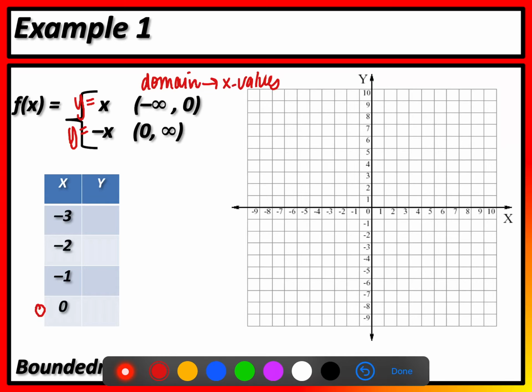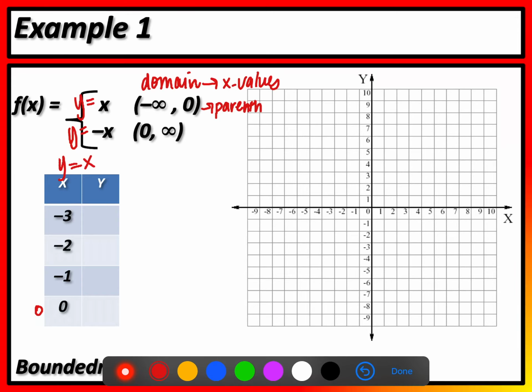So next to 0, I'm going to put an open circle, so that I remember when I go to graph my points that I'm using an open circle, because there's a parenthesis here. And that tells me that 0 is not included.